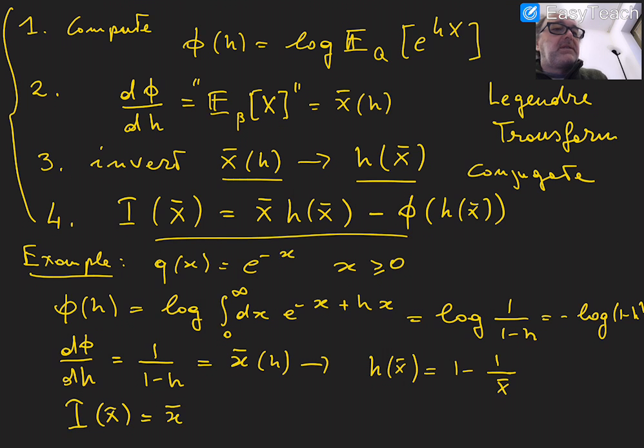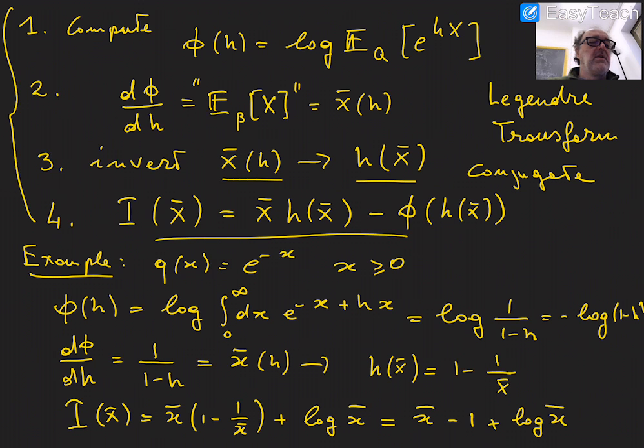So it's x bar times 1 minus 1 over x bar, minus phi, which is plus the log of 1 over 1 minus h, which is the log of x bar. So this is x bar minus 1 plus the log of x bar.